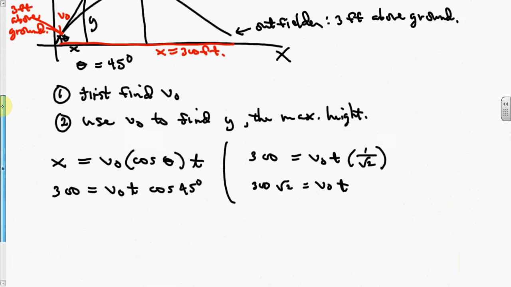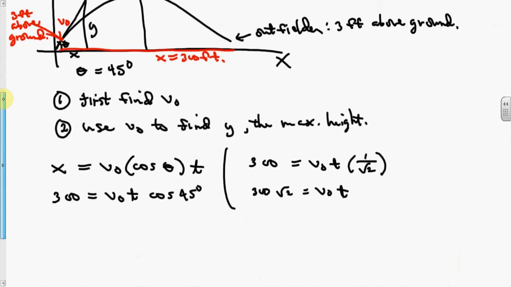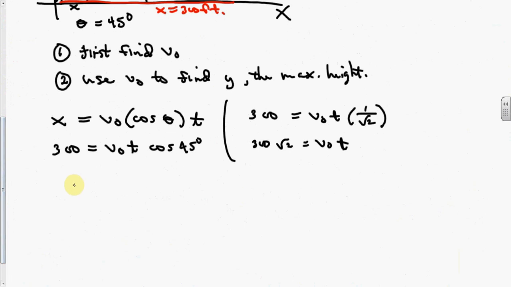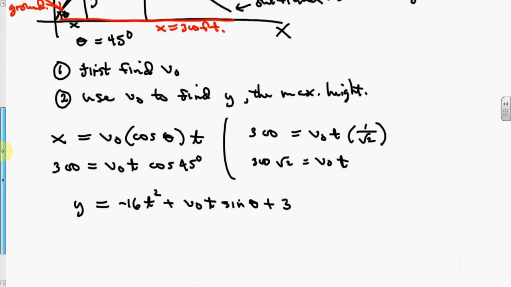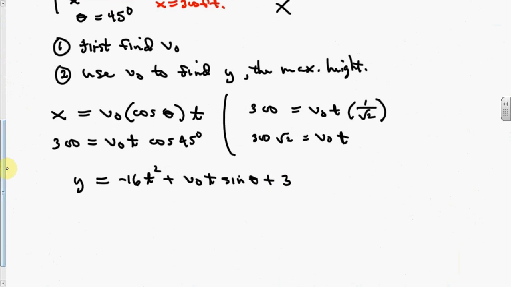So now, if I look at this formula for y, which is negative 16 t squared plus the initial velocity times the time times sine theta, plus the initial height. I believe that was 3 feet. Good.